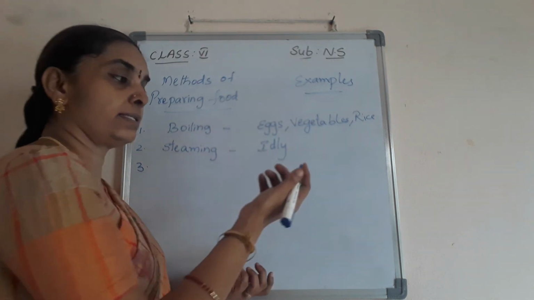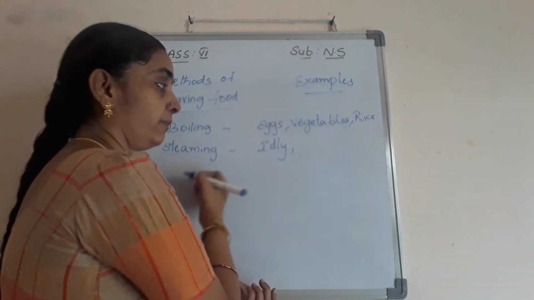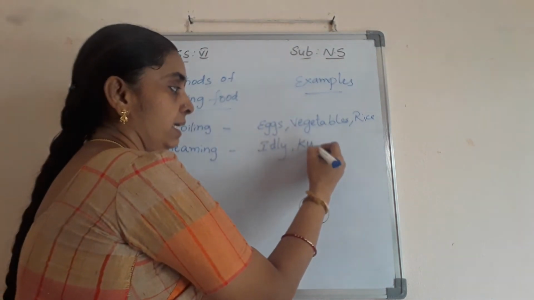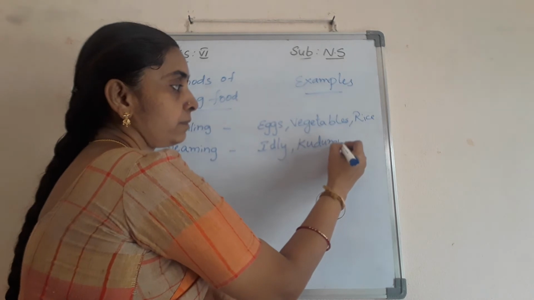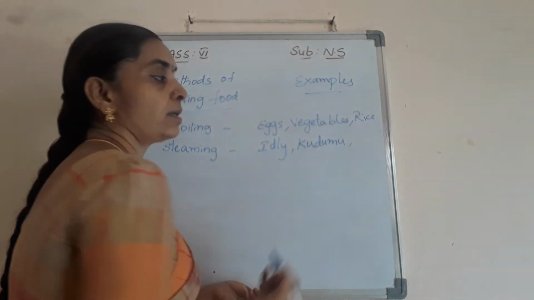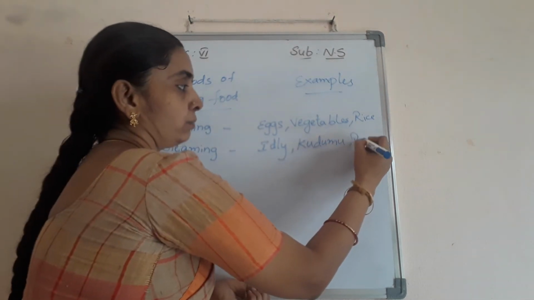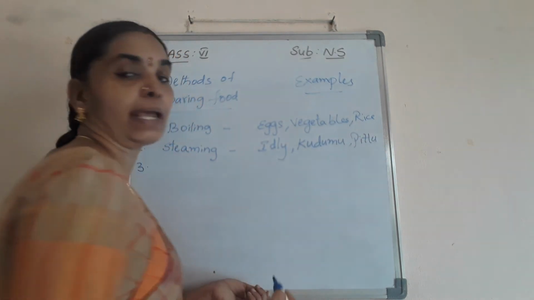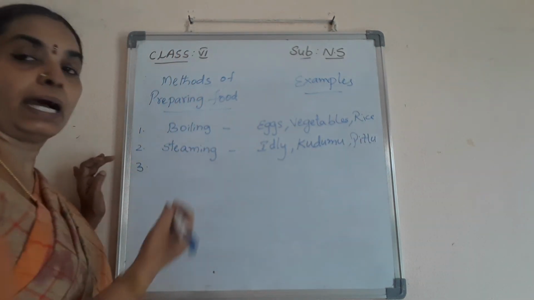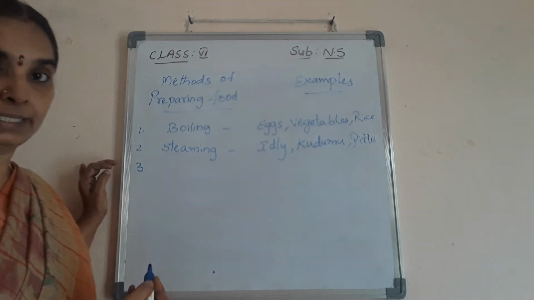So you can give idli for the steaming process, idli, kudumu. Okay, children, it is also steamed. Pittu, a South Indian Kerala dish, is prepared by the steaming process itself.